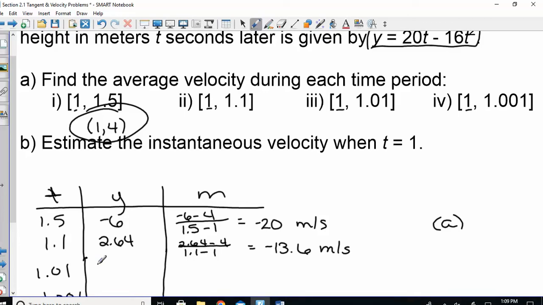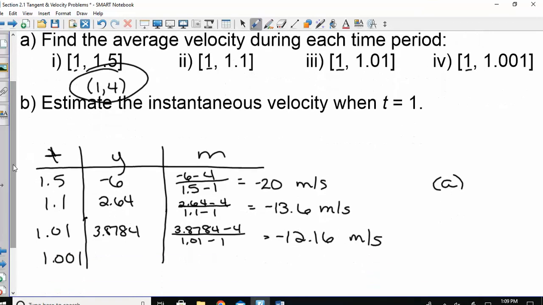Third one, we put in 1.01. Negative 12.16 meters per second.